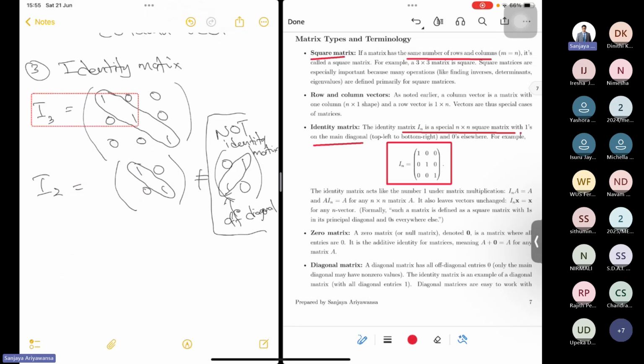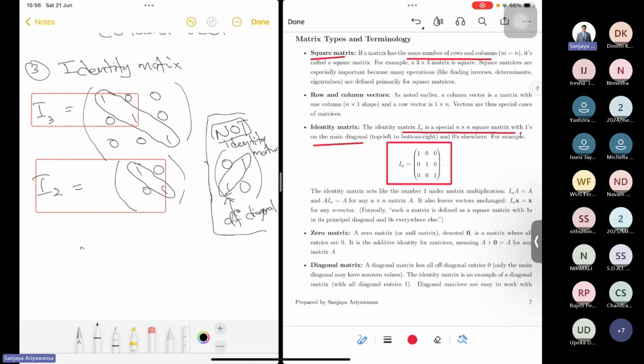That's important to keep in mind. It's very important because you can easily make a mistake there. So this is not, sorry, this is not an identity matrix because your one is not in the main diagonal. Right.